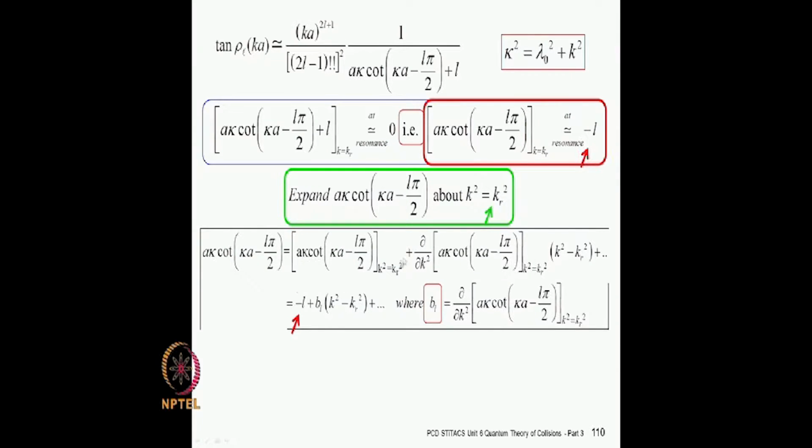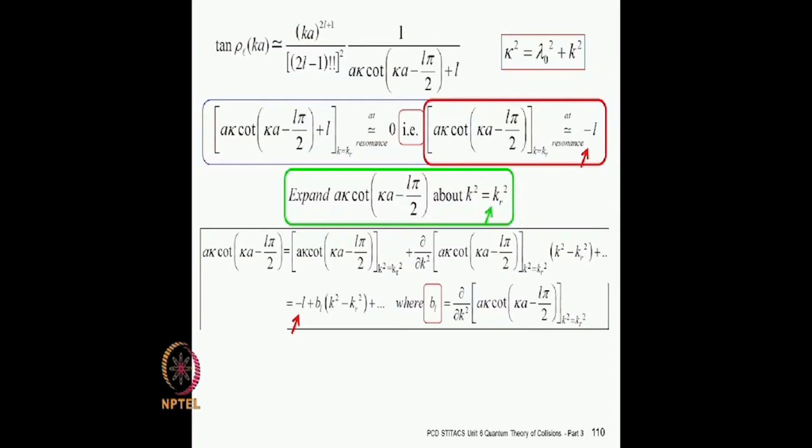You get the first term, this is like a power series expansion. The next term will be the derivative with respect to k square of this function multiplied by the difference in the independent parameter, which is k square minus kr square, because you are expanding in the vicinity of kr square, right. And then you will of course have the higher order terms, the third derivative and the cube of the difference and so on.